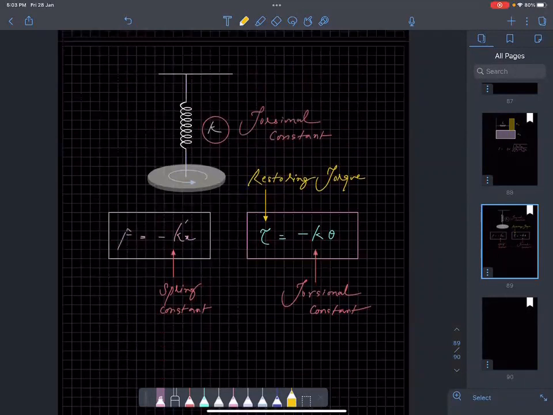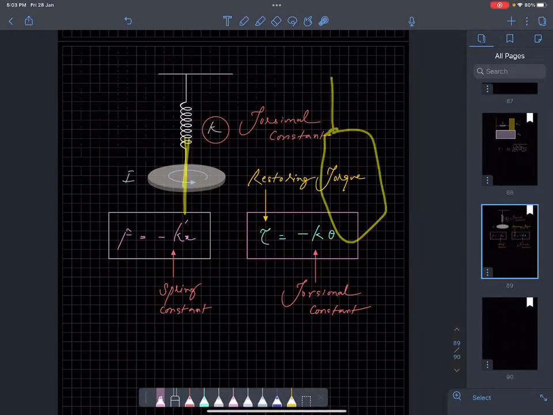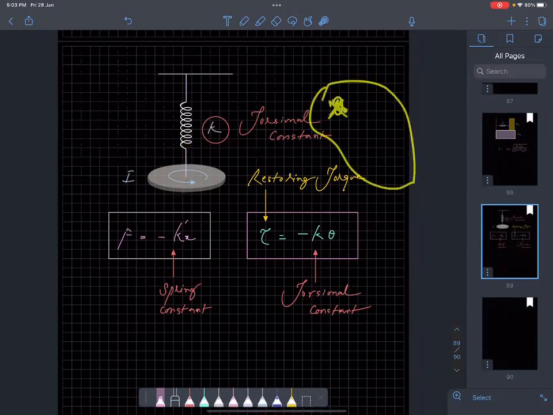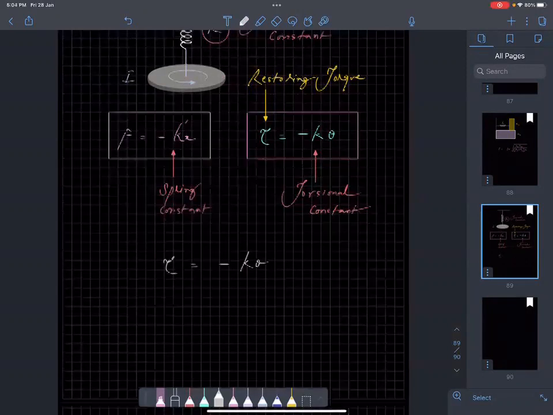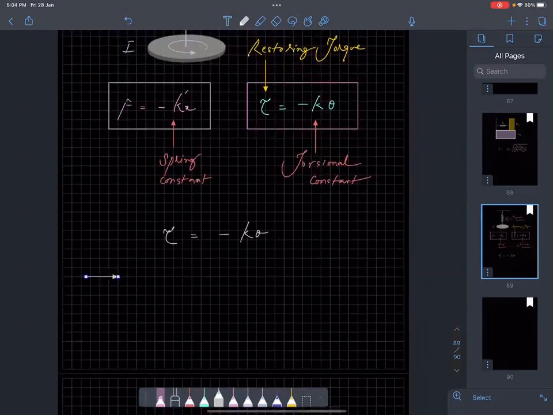Now tell me, if the moment of inertia of this thing is I, be careful here. In a physical pendulum, you take it about this axis when it is rotated. But here you take it about the axis about which you are twisting the spring. So what will be the equation? Tau equals minus k theta, and tau can be written as I alpha according to Newton's second law.